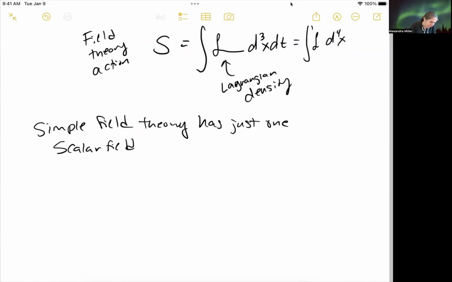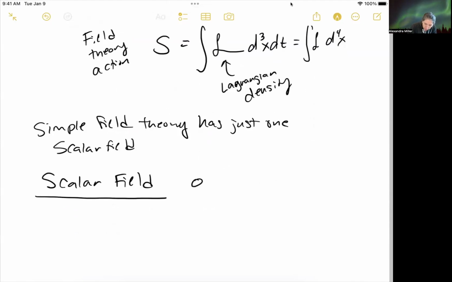Okay, so what is a scalar field? We'll often use phi or other Greek letters, but in this example, I'm just going to use phi. This is something that's going to be a function of t, x, y, and z.